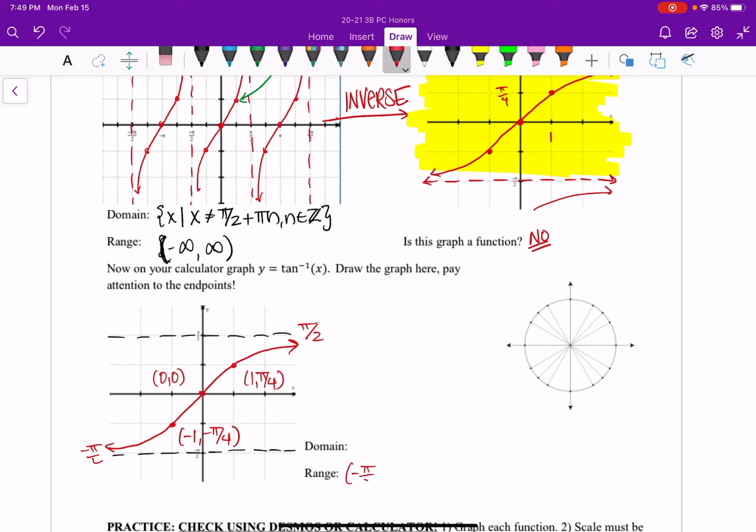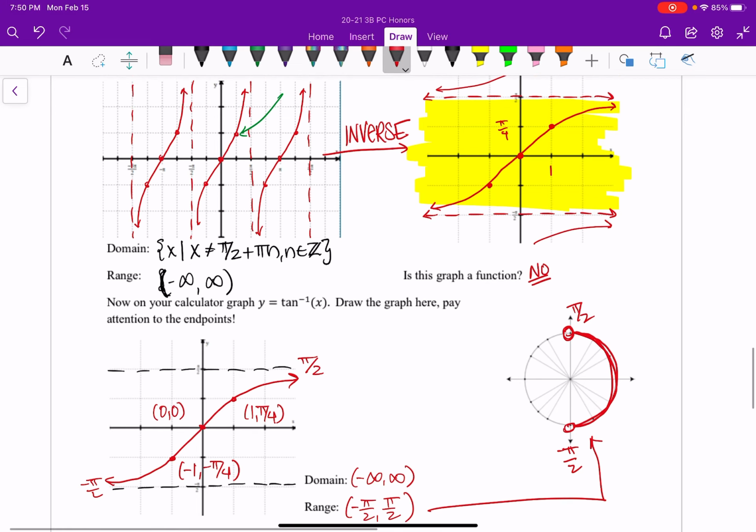Negative pi over 2 to pi over 2, but I can't have pi over 2 or negative pi over 2. So kind of like if I do open circles on there, almost like a number line. Our outputs, our answers, can be anywhere in quadrant 1 and 4 between negative pi over 2 and pi over 2. So again, we'll see how that unit circle helps us in the next couple practices we do in class.